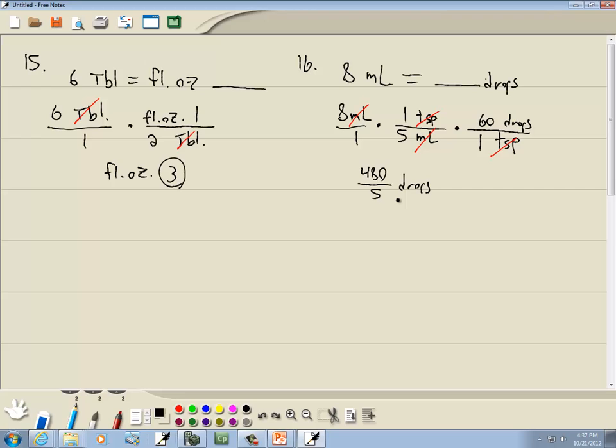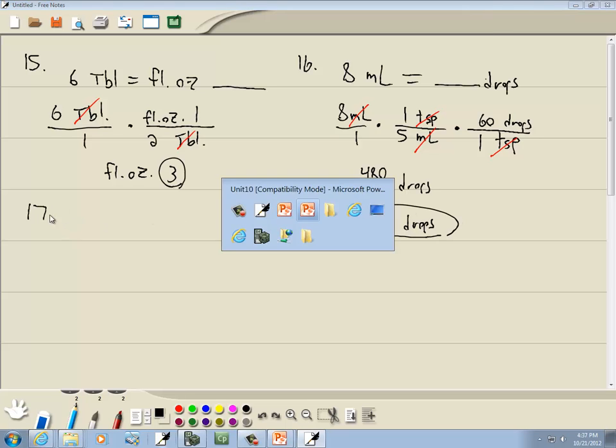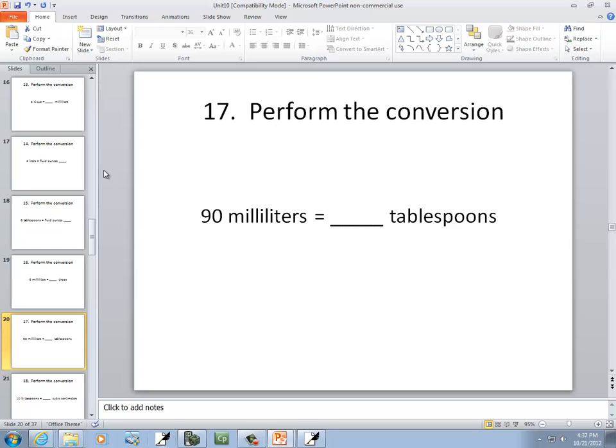And let me see what that gives me. 480 divided by 5. 96 drops. Let's look at the next problem.